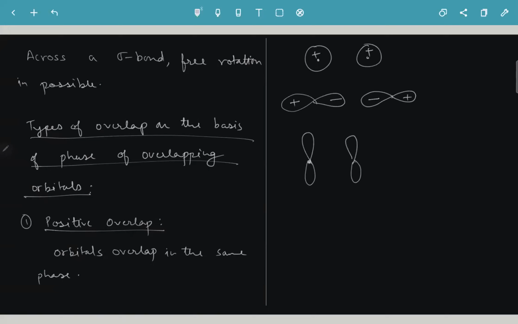Overlapping takes place in the same phase. Positive with positive, negative with negative. These are all examples of positive overlap. You can have positive overlap between an S and a P orbital. This is also an example of positive. ठीक है?